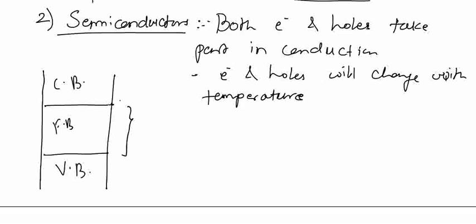The lowest energy of the conduction band is called energy level EC, and the highest energy of the valence band is called EV. These EV and EC are separated by the forbidden energy band whose width is represented by EG. For semiconductors, Eg is not equal to 0 volt and it is around 1 electron volt at room temperature.